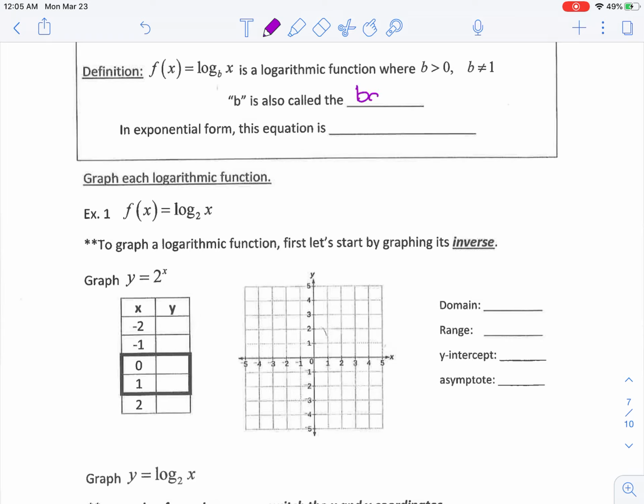Okay, b is also known as the base, and you should have that memorized by now. In exponential form, the equation of this is b to the y equals x. Okay, I've been frequently leaving this as b to a box equals x.